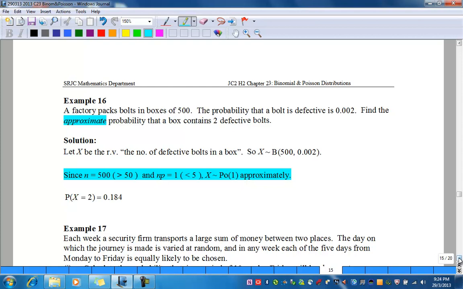To work out the probability of x equals 2, we have to call the Poisson PDF, and substituting lambda to be 1 and x to be 2, you end up with 0.184.